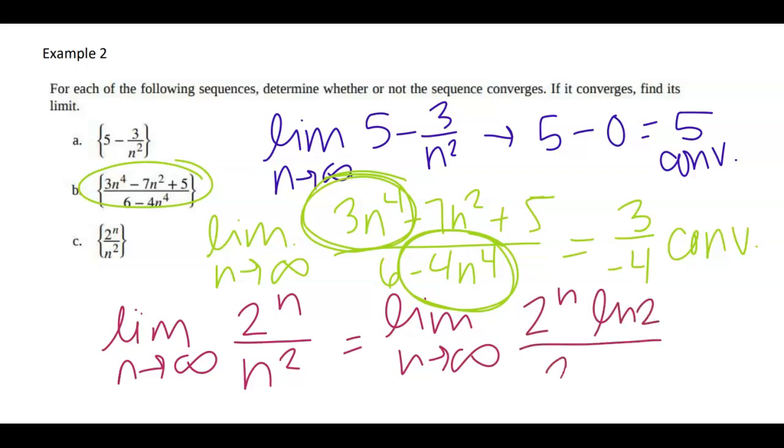The derivative of the bottom is 2 times n. Be careful, those do not cancel. You can continue doing this. Notice that the denominator ends up being a number eventually. The exponential function keeps being an exponential function times the natural log of the base. And so you end up getting infinity over a number. This is going to go to infinity, so this one diverges.